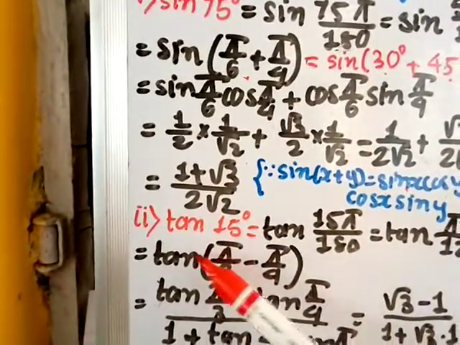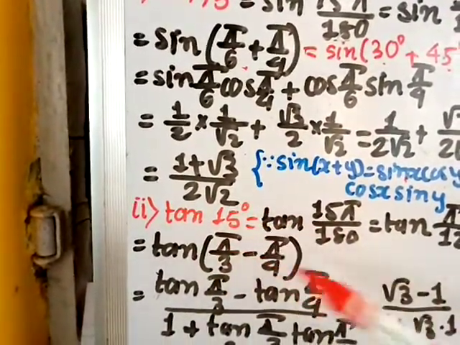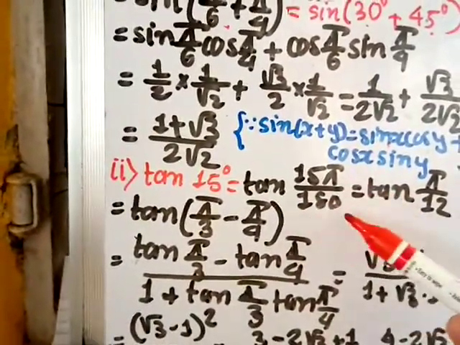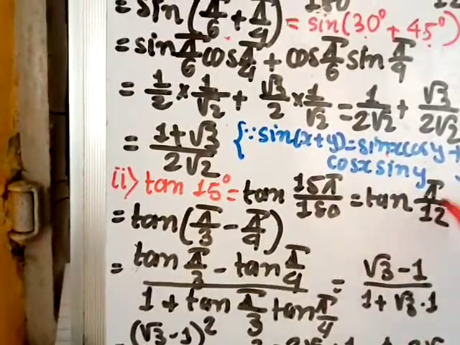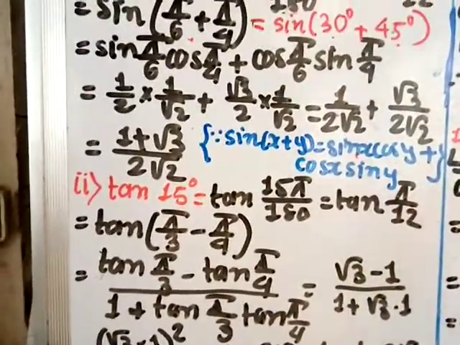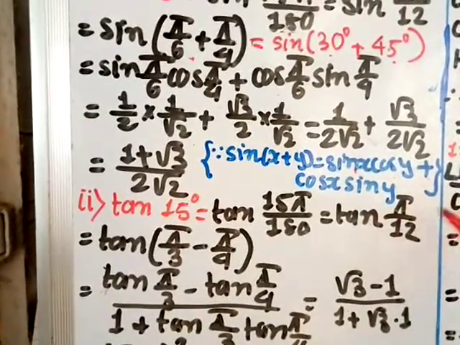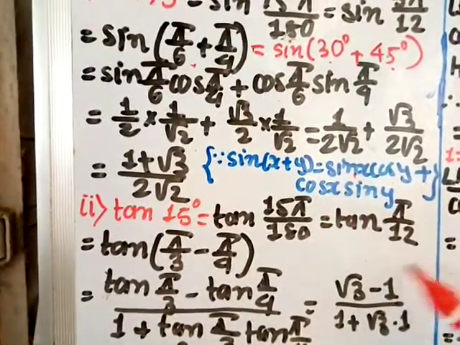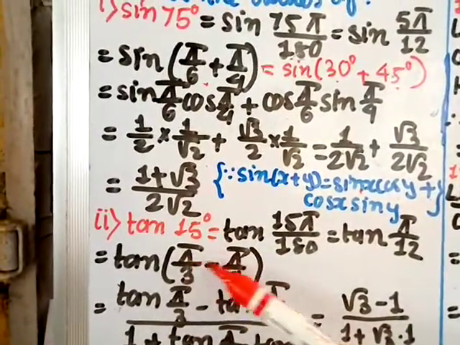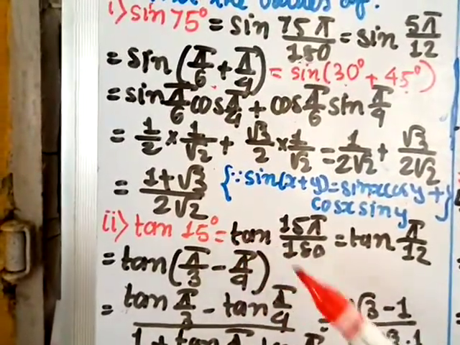Roman number 2, tan 15 degree. So this also I'll convert into radian. So to convert radian, I'll multiply by pi by 180. Okay, you cut by 15, so you get pi by 12. Now I have to divide this pi by 12 into two values such that either its sum or difference should be pi by 12. Okay, so I am dividing this into pi by 3 minus pi by 4. This is 60 minus 45, which gives you 15 degree.